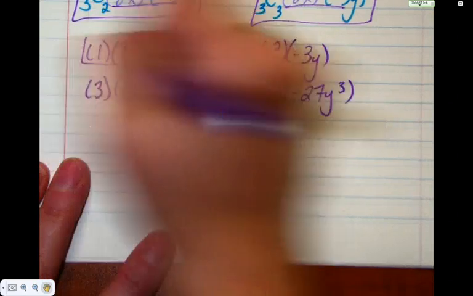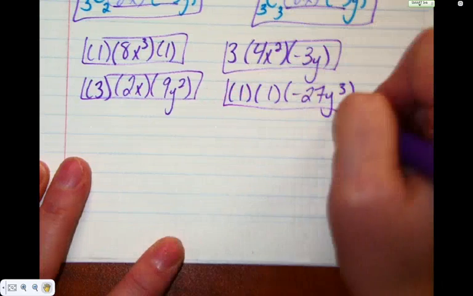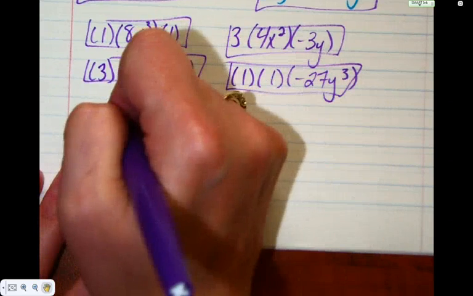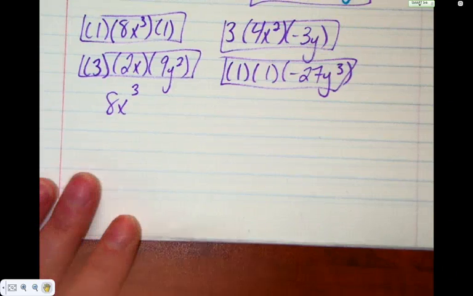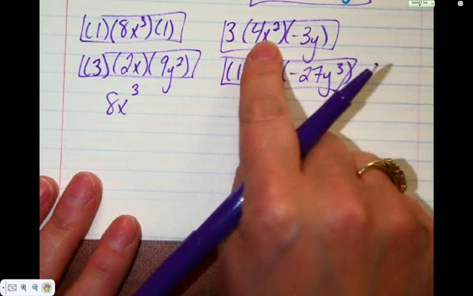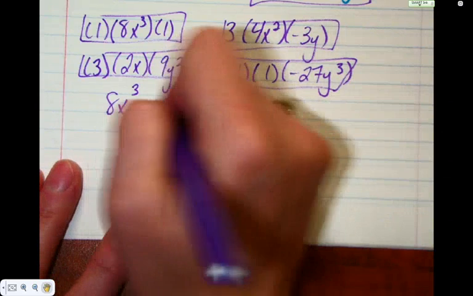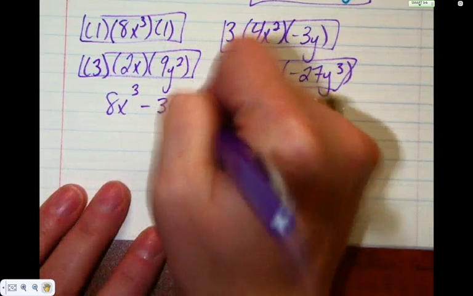And then I'm just going to multiply the 3 pieces. So a 1 times 8x cubed times 1. The second term, I've got 3 times 4 times negative 3, so 3 times 4 is 12 times minus 3. And then we just smush the pieces together, x squared y.